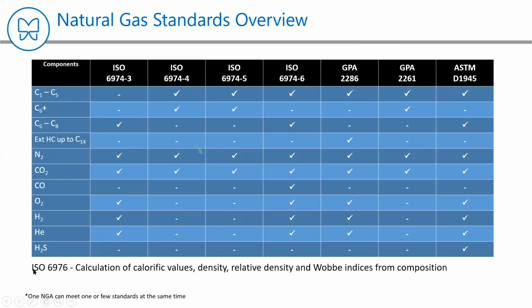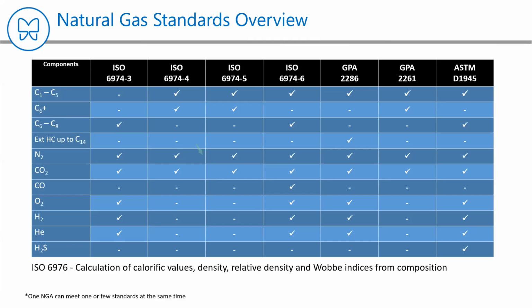In addition, we have one very important international standard, ISO 6976. This standard provides the information needed to calculate the mentioned thermal properties of the gas.